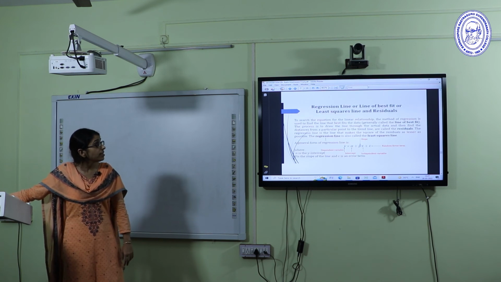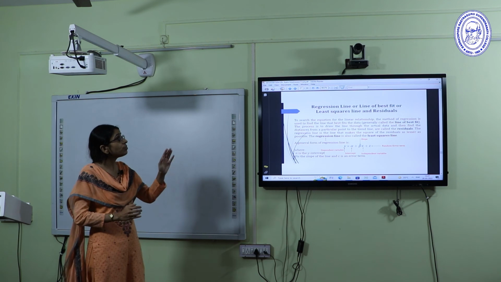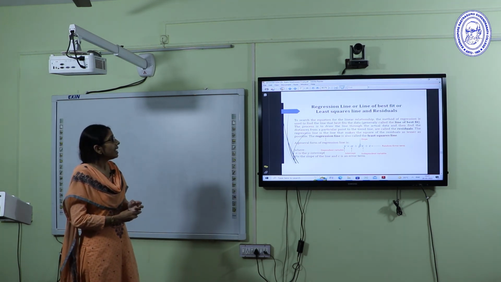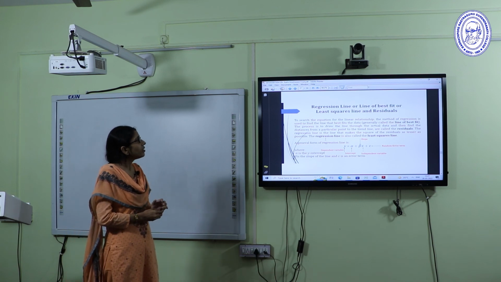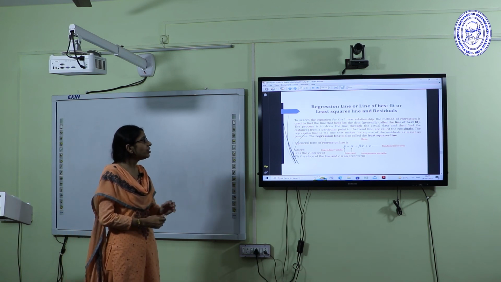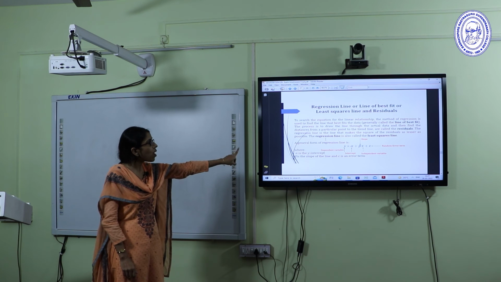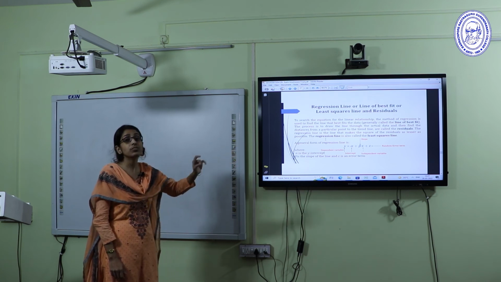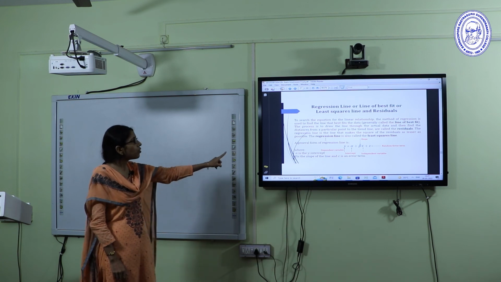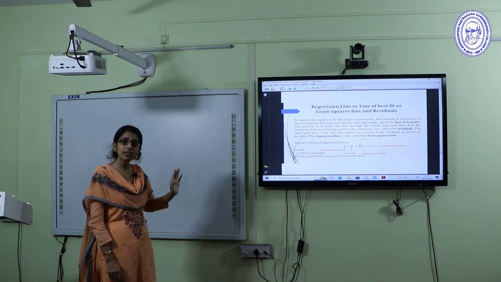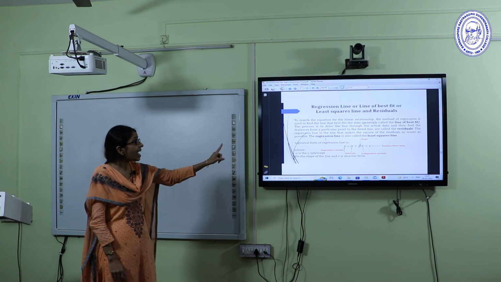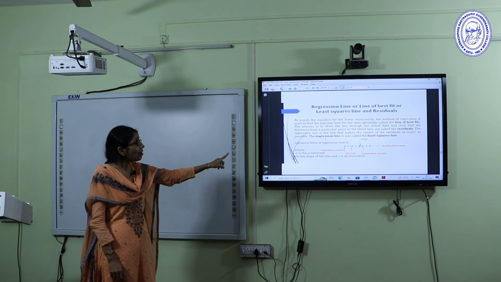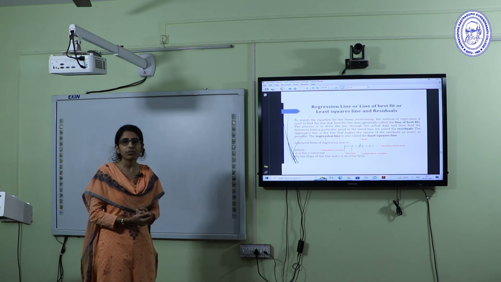Then comes the very significant part, that is determination of the regression line. In the general form of the regression line, you can see y equals alpha plus beta x plus epsilon. Y is your dependent variable, as we know. X is your independent variable. Alpha is your intercept.